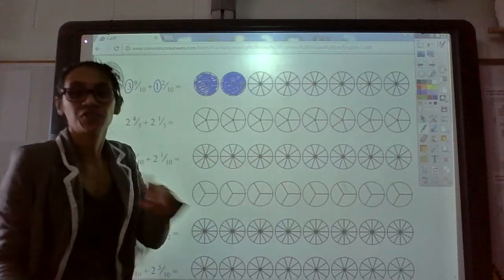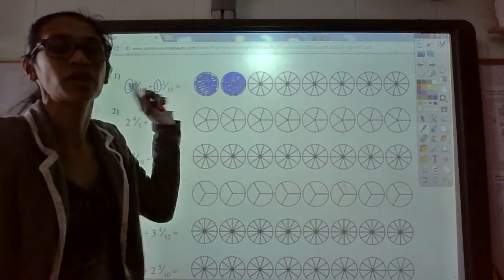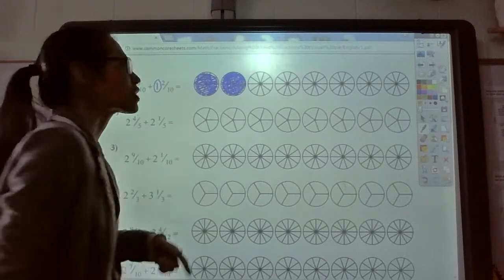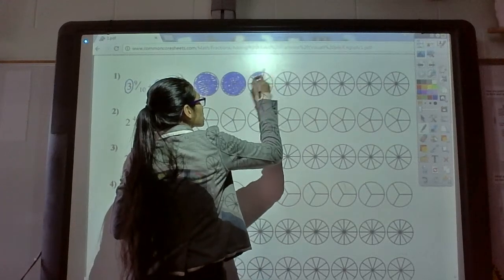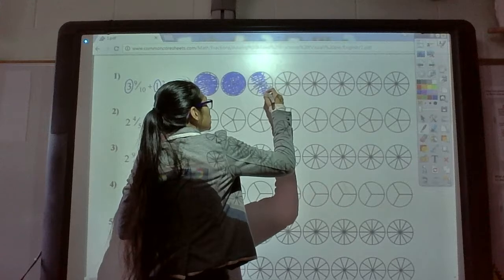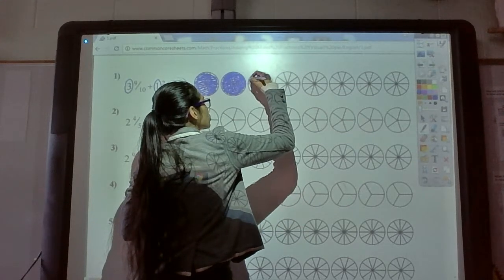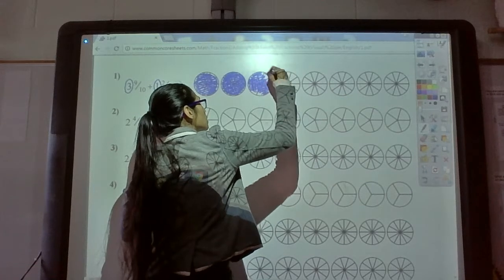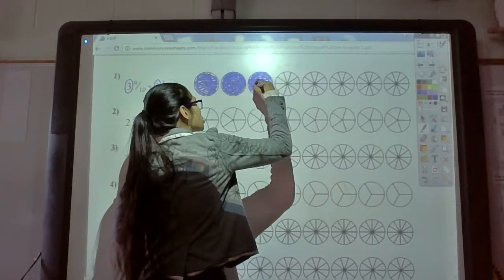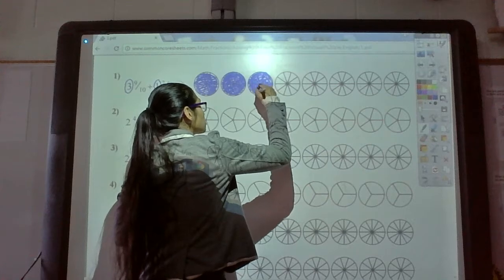The whole point of this practice was to use your model, to do it visually. So make sure you shade that in if you have not. So there's 1 whole, 2 wholes. Maybe next time I'll use a bigger, fatter pen. There's 3 wholes right there. So that's the 3 wholes for that first mixed number.